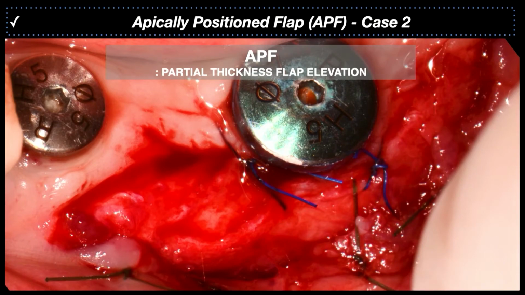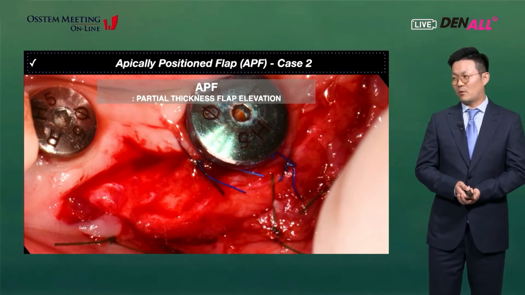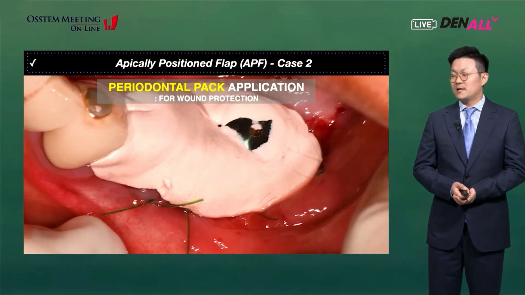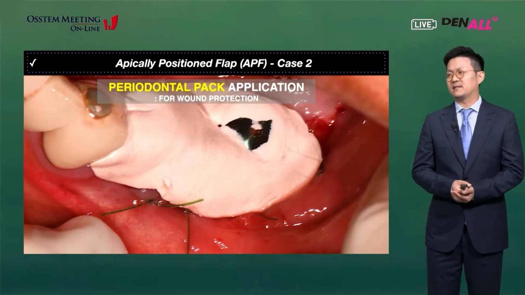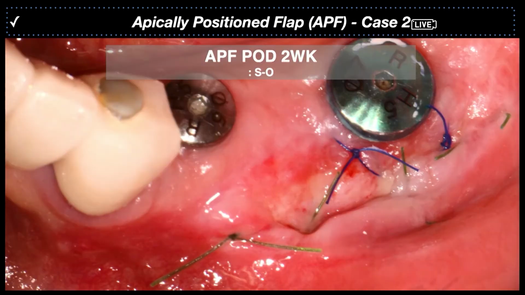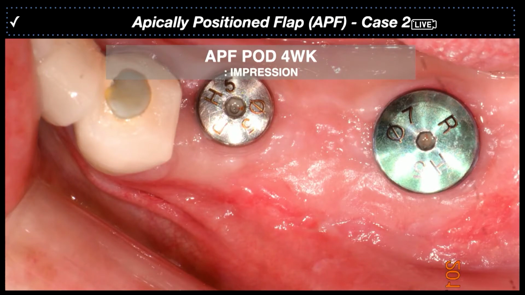So I performed APF, over 5 mm. In this case, I applied a periodontal pack for protection, and after 2 weeks and after 4 weeks, as you see, fine soft tissue condition is found.